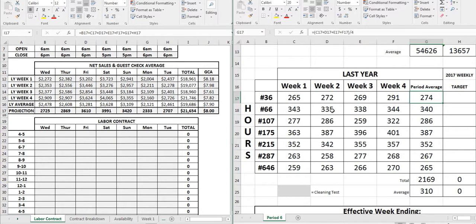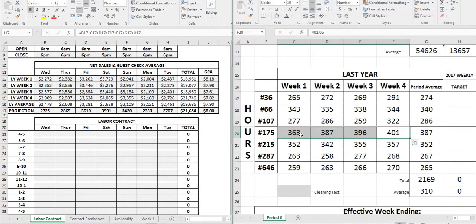You're probably going to need to run a little bit lower in hours than you did last year if your sales are down. If your sales are up, you have a better chance of getting more hours, but again, as area managers, we try to challenge our teams, and we need to make the best decision for the bakery. And it doesn't mean just because we're up 5% that we need another 15 hours a week added to the schedule.